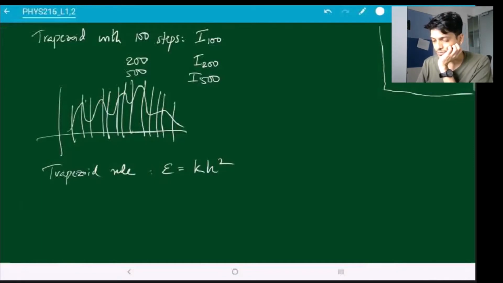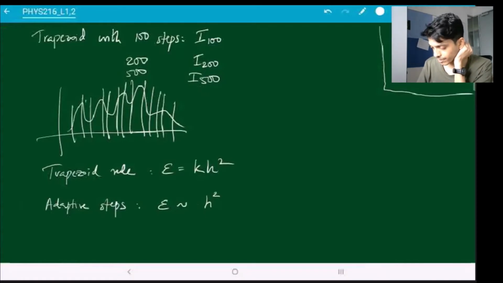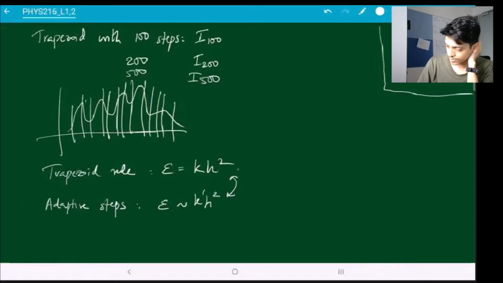And when you do this adaptive step size, then from here again you get some different kind of error, but that is also proportional to h squared because essentially this has come from the trapezoid rule. So let's call it some k prime h squared. And then you can use these two. So when I say k h squared, plus some higher order thing, so h to the fourth.